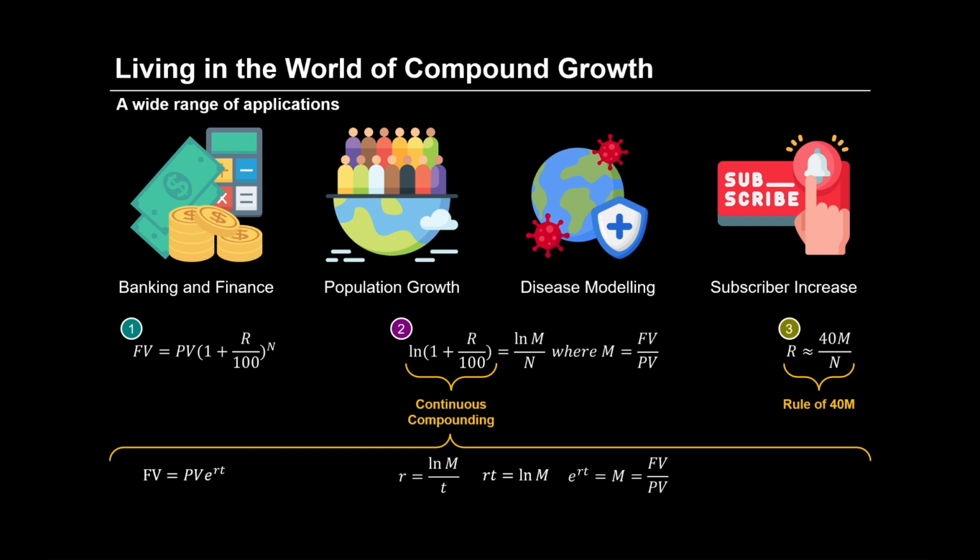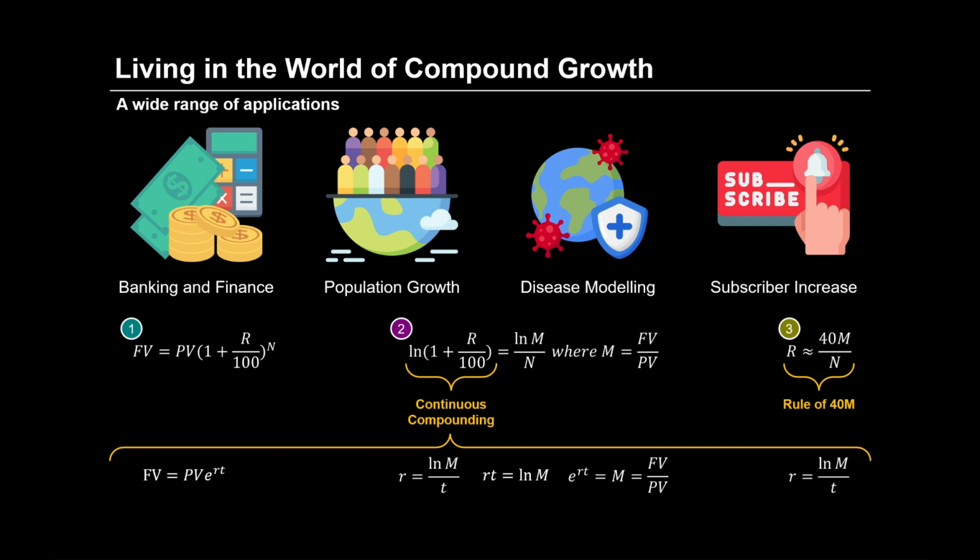So for anyone studying math, engineering, or financial mathematics, I'm sure that this would not be the first time, and definitely would not be the last time you will see something like e to the power of rt.